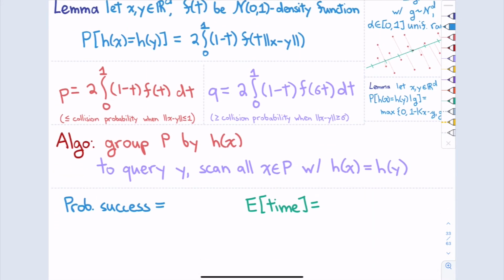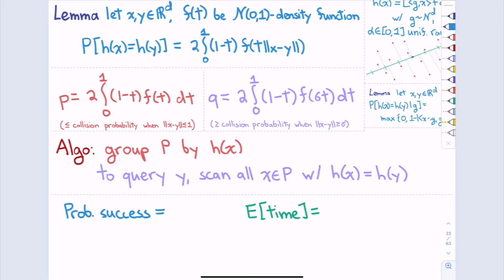So we'll try out something similar to before. We'll do our analysis in terms of p and q. Again, we're just going to group the input points by the hash code, which is just a random line embedding, and then we'll scan the same bucket. If I do that, what's the probability of this succeeding?